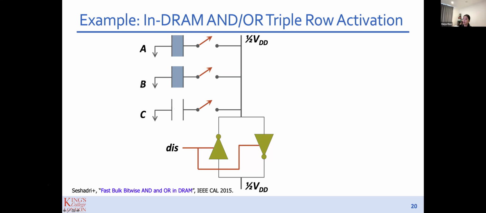We have the three cells A, B, C, and when they are activated, they are connected to the bit line, and then the voltage changes. Basically, we can do the AND or OR, depending on the reference of the voltage.